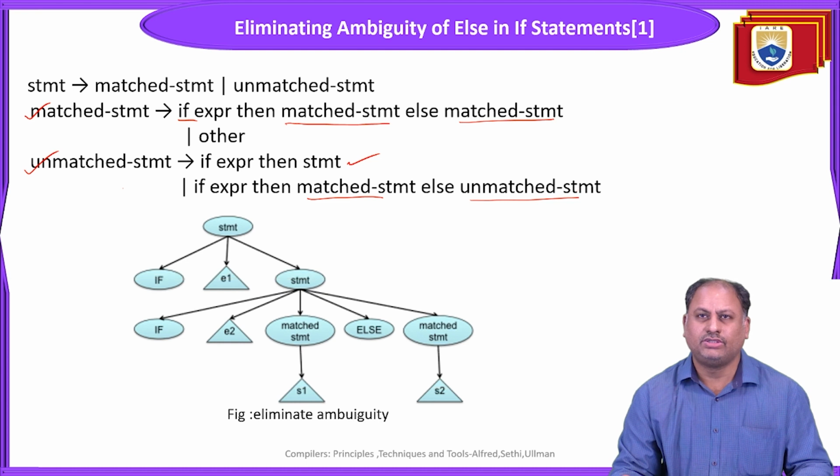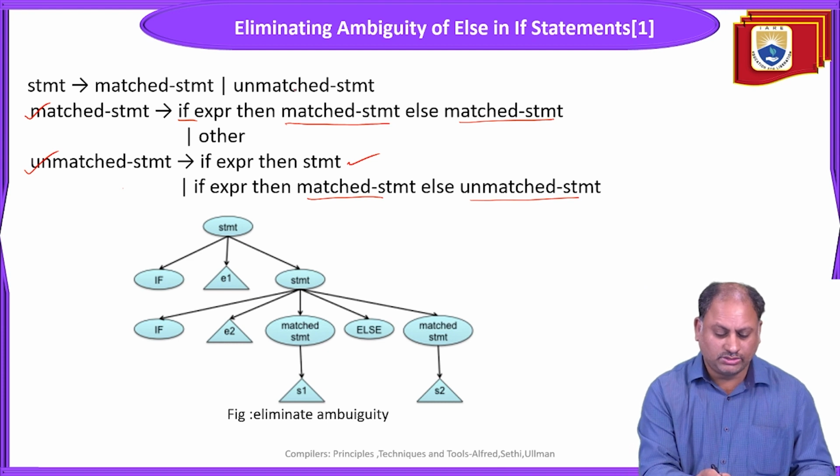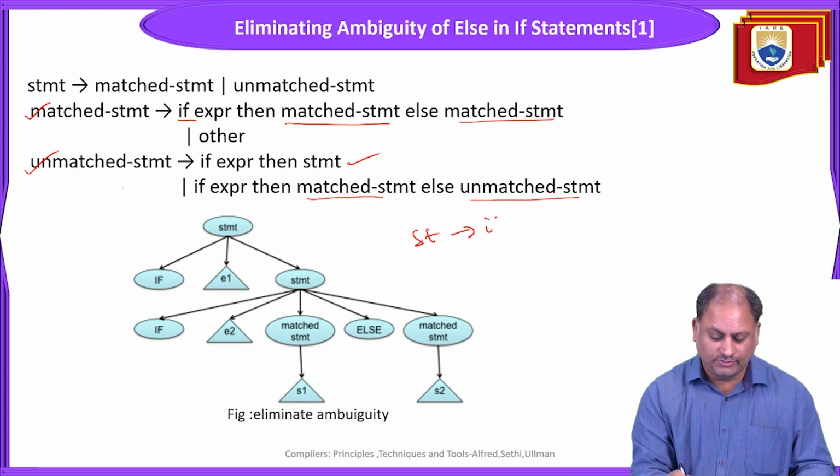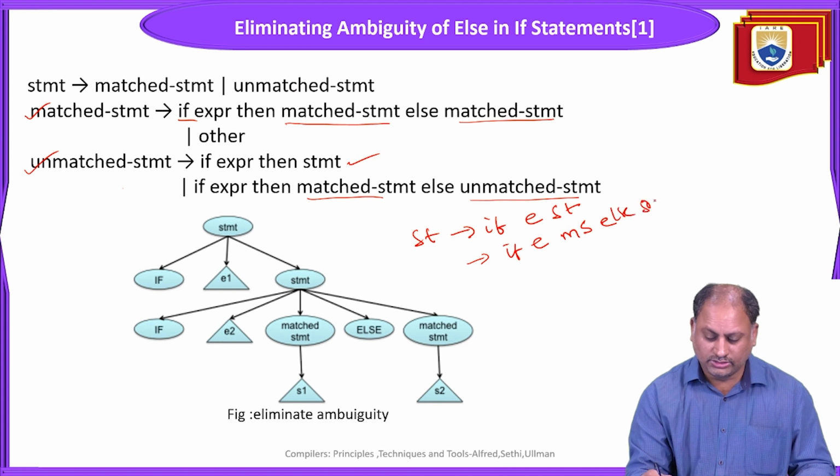That is to be written with the help of construction of the parse tree. So we have considered the two cases, matched and unmatched statement. In the previous example, statement equals if expression then statement, again statement if expression matched statement else matched statement.